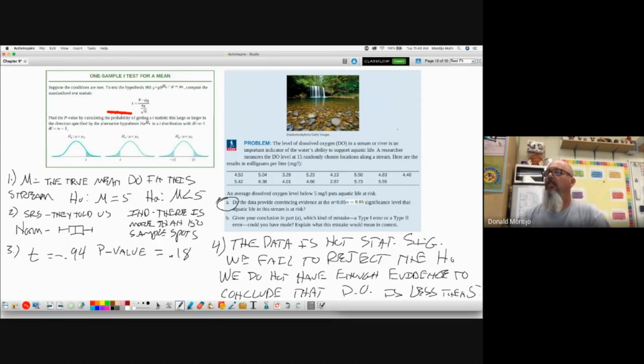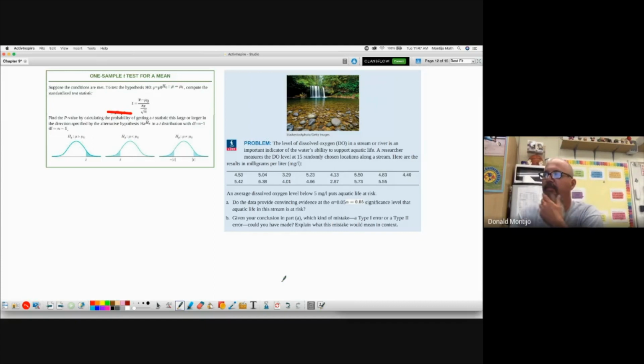Okay. Then let's look at question B. I'm going to have to erase all this just so we have enough space to work through this second part of the problem here. Given your conclusion in part A, which kind of mistake, type 1 or type 2 error, could you have made? Explain what this mistake would mean in context. Well, we failed to reject the null.